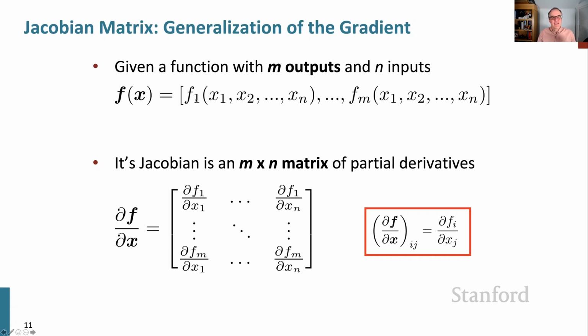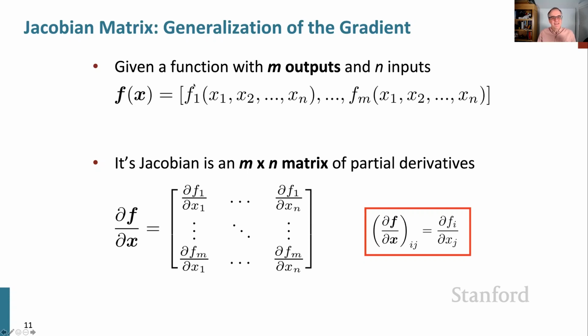So we have a function now which is taking n inputs and producing m outputs. So at this point, what we're calculating for the gradient is what's called a Jacobian matrix. So for m outputs and n inputs, the Jacobian is an m by n matrix of every combination of partial derivatives.